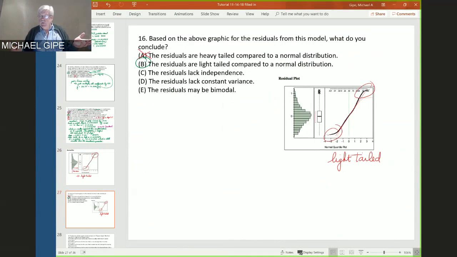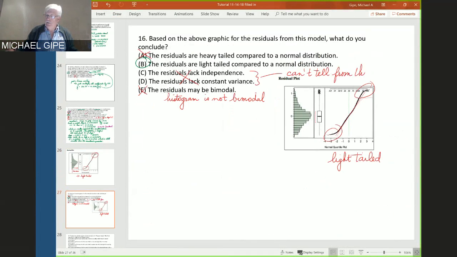Well, the histogram here says no. The histogram is not bimodal. So that one's wrong, and for these ones we don't have enough data here. Can't tell from this plot. So those are both wrong. Make sense?